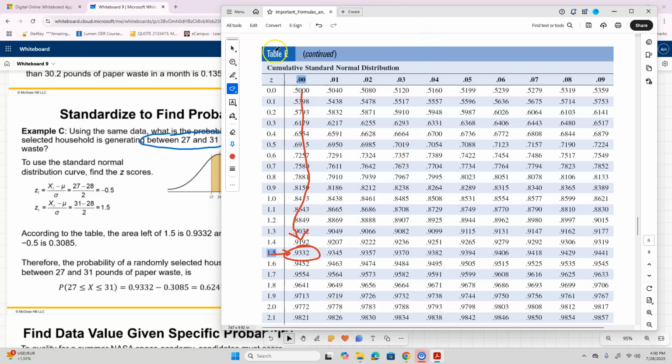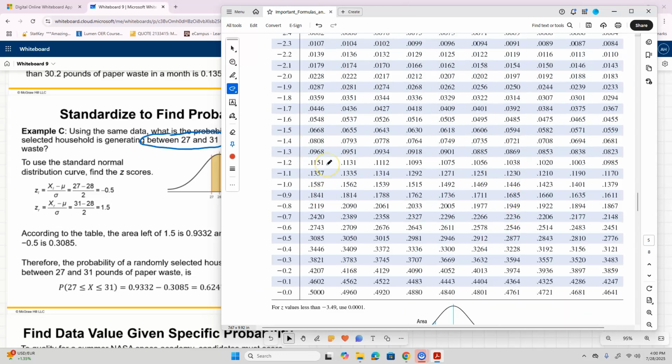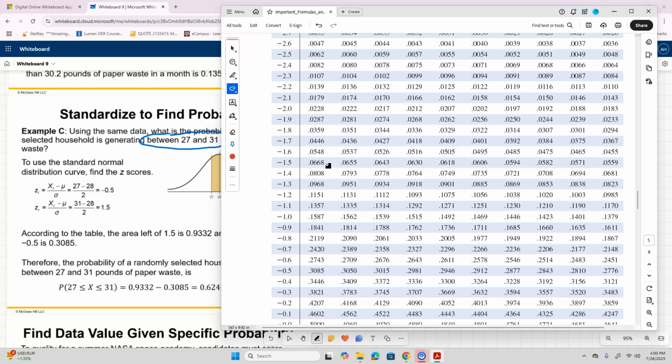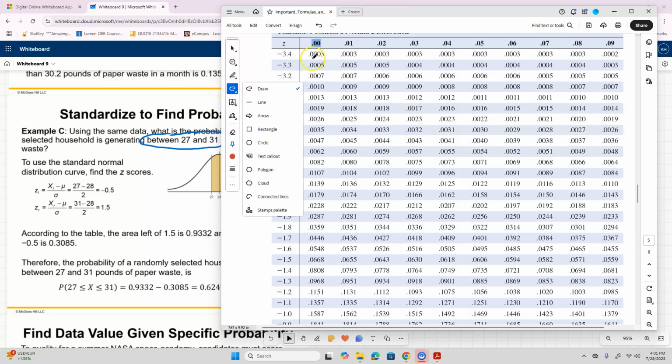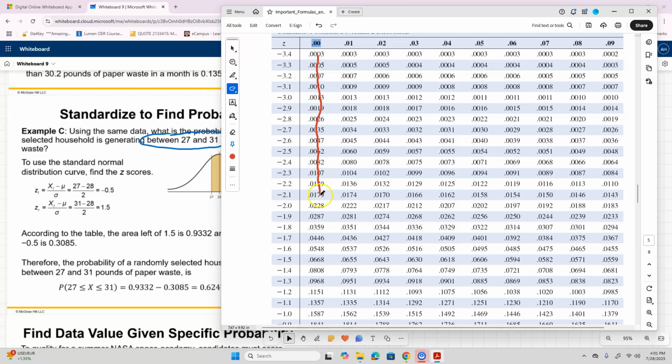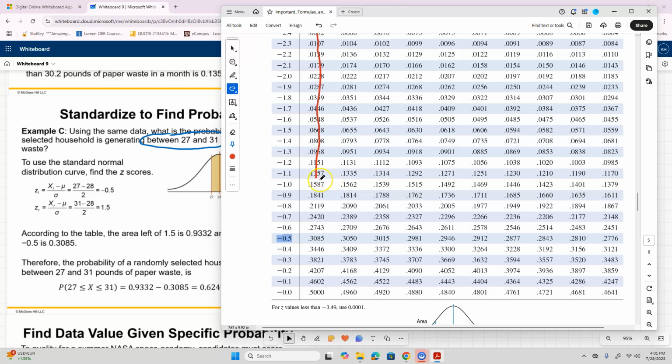And then our other value was a negative 0.5. Go up here, make sure we're on the first page. And we've got negative 0.5, and again, this one does not have a hundredths place, so it's just going to be negative 0.50. So we're going to come down the chart until we get to where they cross each other, and we get 0.3085.